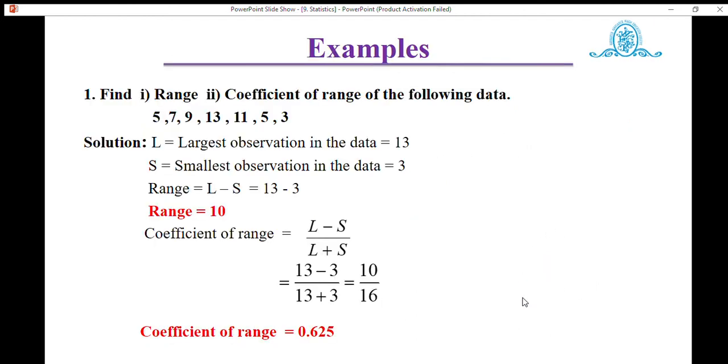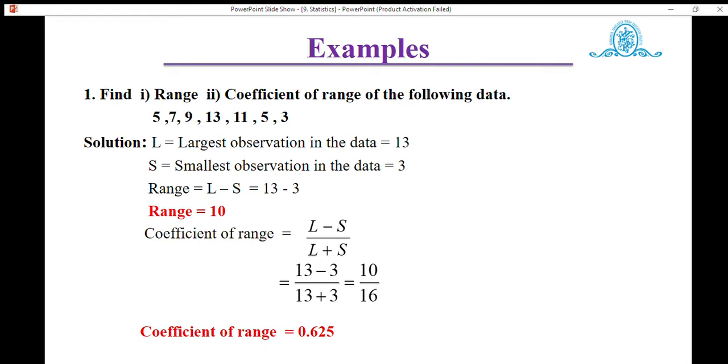Let's see the examples. Find range and coefficient of range of the following data: 5, 7, 9, 13, 11, 5, 3. The type of data is raw data, because only xi values are given, no frequency is given. In this type of data, we have to identify the larger value and the smaller value.